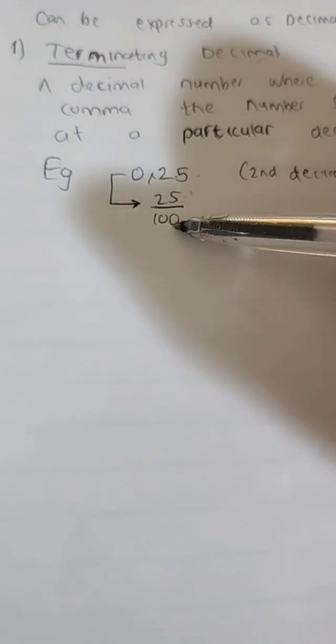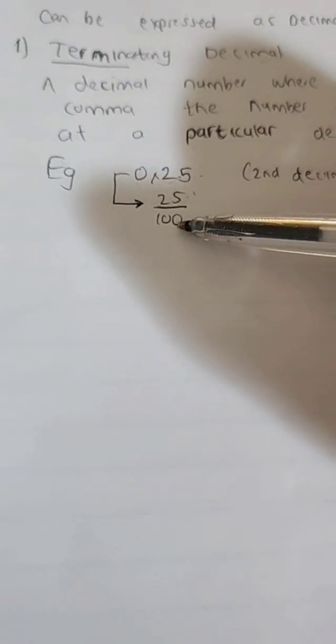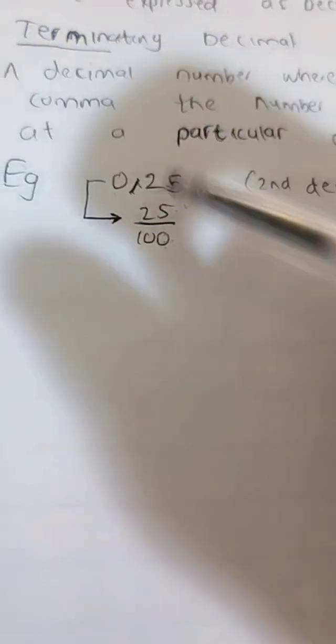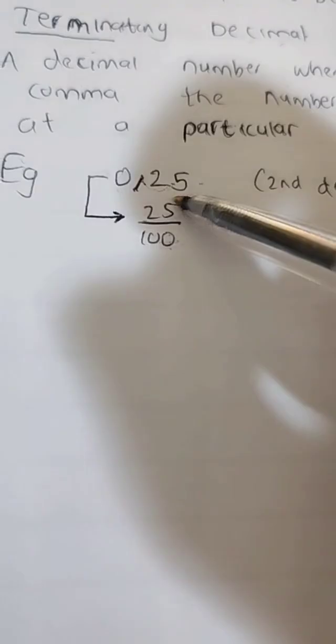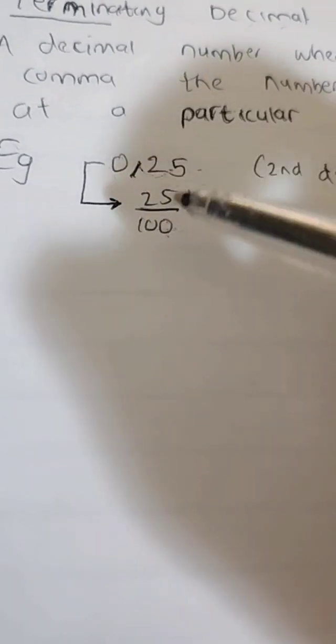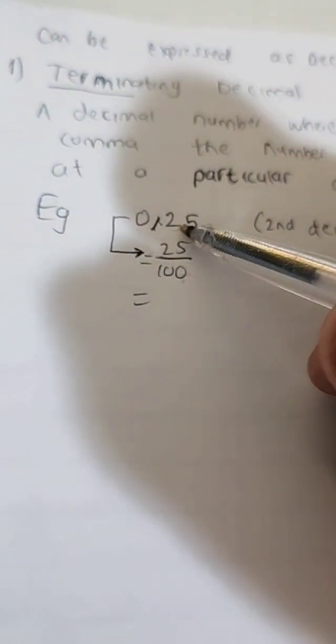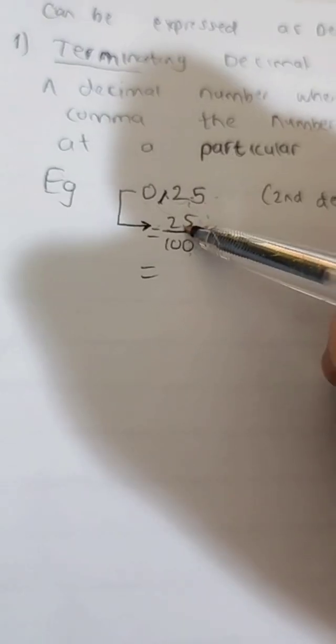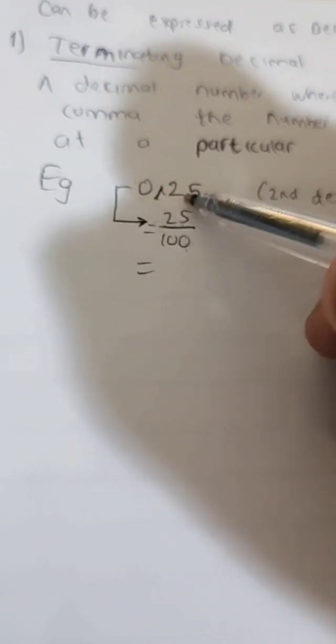25 over 100 or 25 divided by 100 is equal to 0.25. The terminating decimal has been converted to a fraction simply by moving the decimal to the right however many times until you get an integer, which is 25. Twice, so that means 2 zeros after the 1.